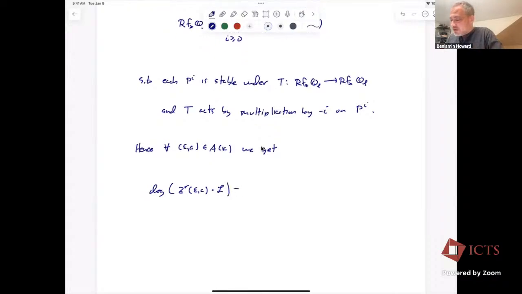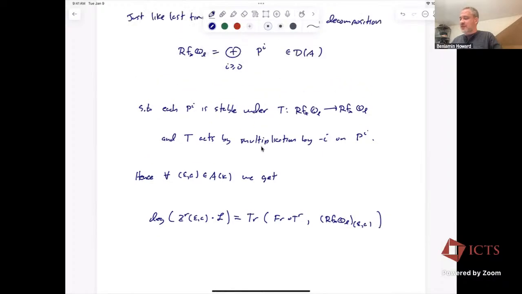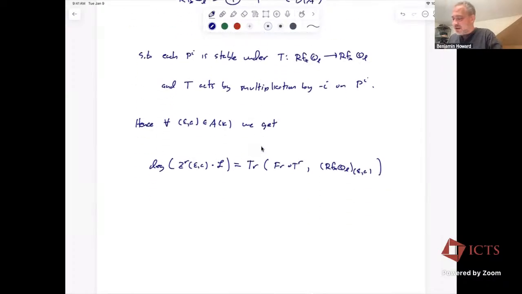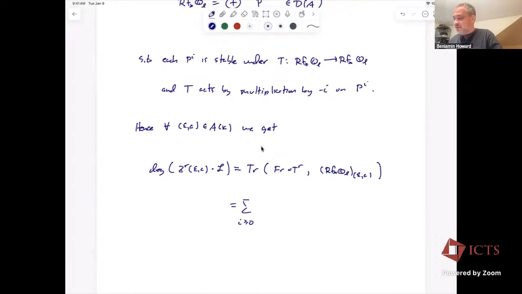So I've already claimed that I've constructed this operator T in such a way that this is the trace of Frobenius composed with T^r acting on the stalk of this sheaf. But if you believe that this sheaf has this decomposition such that T acts in this particular way, then you get something like an explicit formula, at least insofar as these sheaves P_i are explicit.